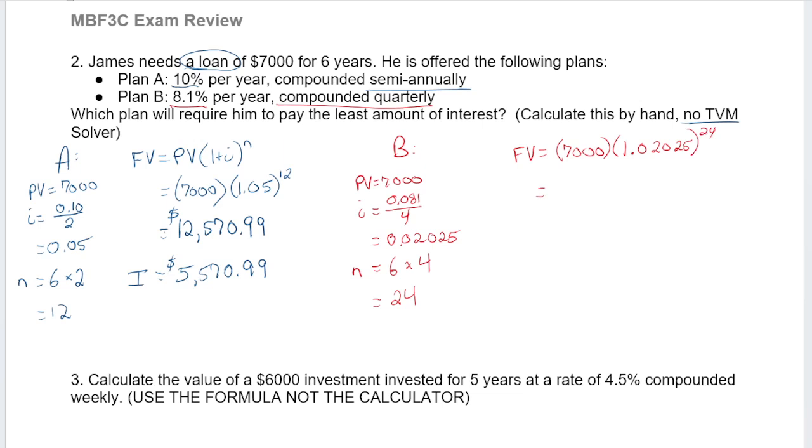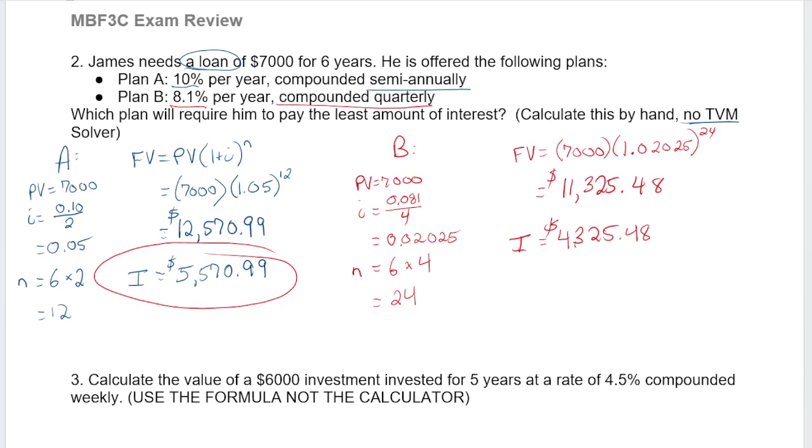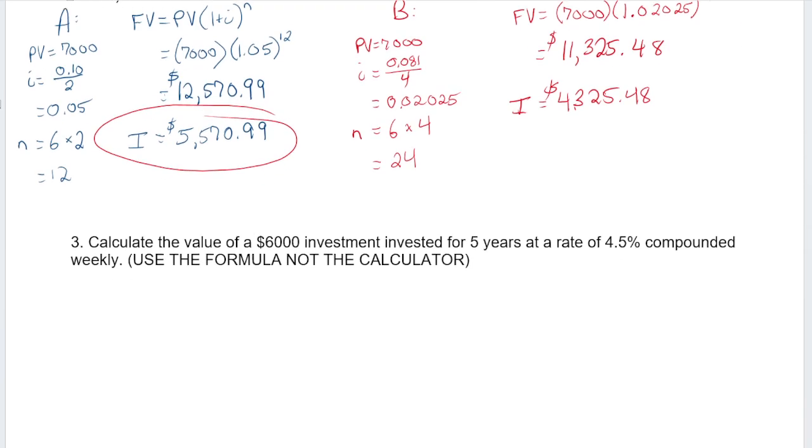And that gets us 7,000 times 1.02025 to the power of 24 is $11,325.48, which means the amount of interest for this one was $4,325.48. So that is the better deal, which we would say in a therefore statement.